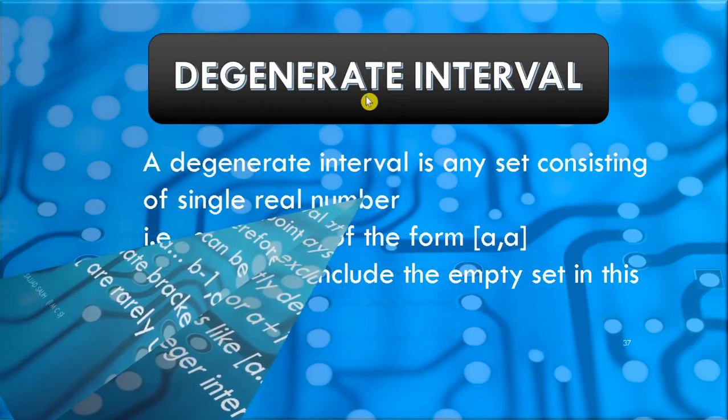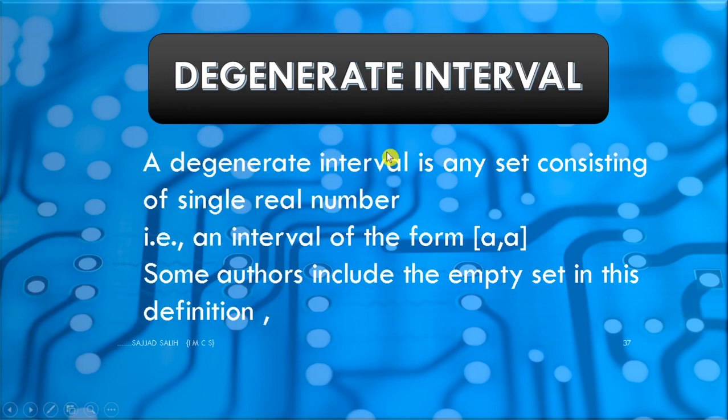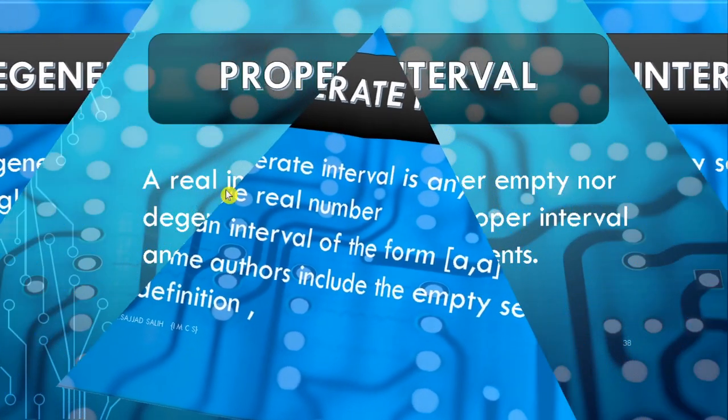So, let's think about the degenerate interval. A degenerate interval is any set consisting of a single real number, an interval of the form [a, a]. Some authors include the empty set in this definition. So this is the definition of a degenerate interval.